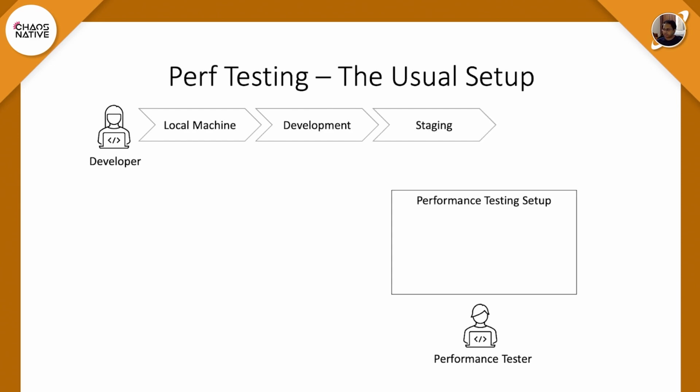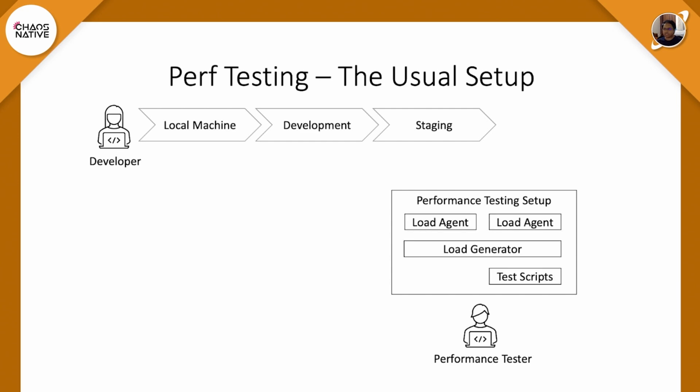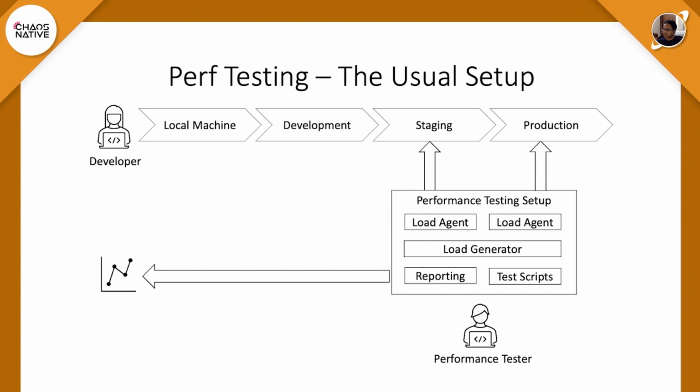And that's probably the first point in time when the performance tester comes in and has to set up the performance test environment, write the test scripts, set up the load generator, the agents and whatnot, send the load to the staging environment and maybe even to the production environment, generate the report out of the test run, and then ultimately share it back with the developer. The developer makes sense out of it and then incorporates the feedback into the code base. So that's the usual cycle.